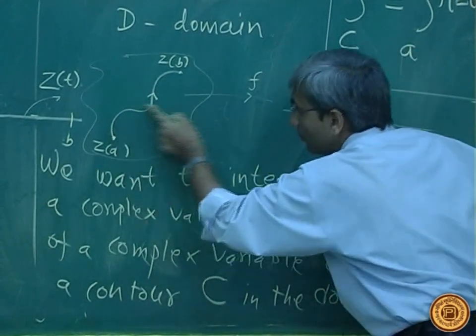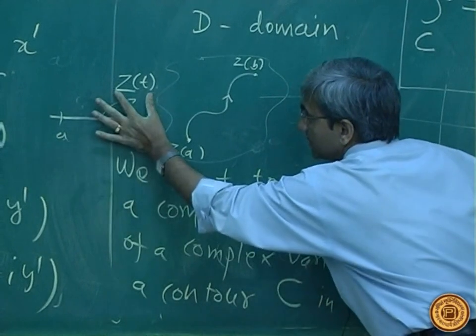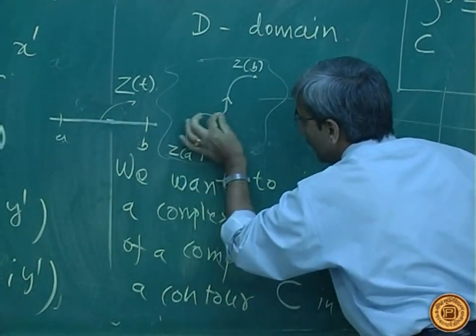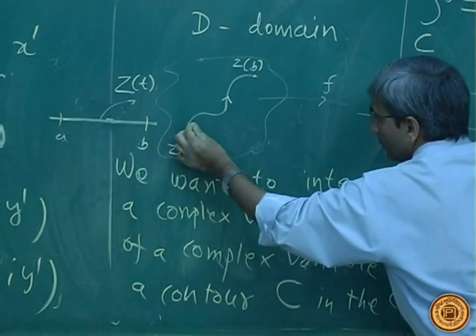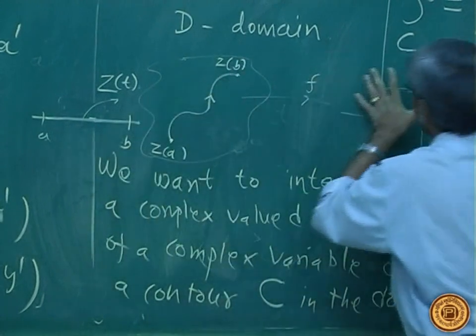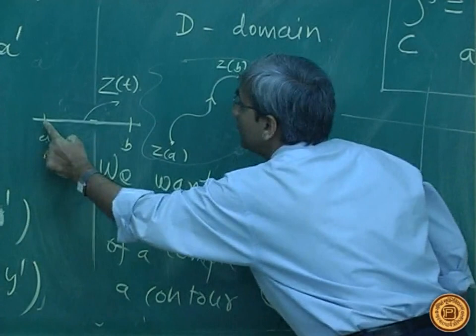But this contour is given by a parameter interval [a, b] and a function z(t) which parameterizes this curve. So z(t) takes all these values actually as t varies. So we transfer this here, so that the integral of f is written in terms of an integral over [a, b].